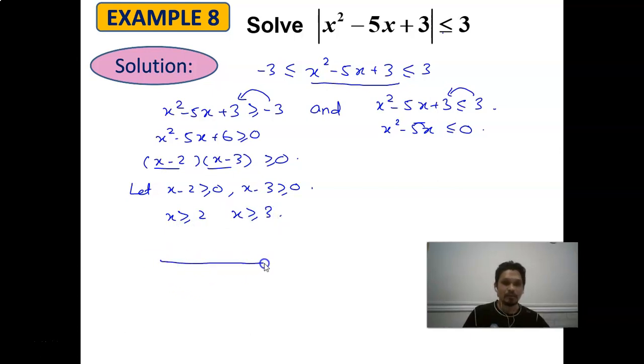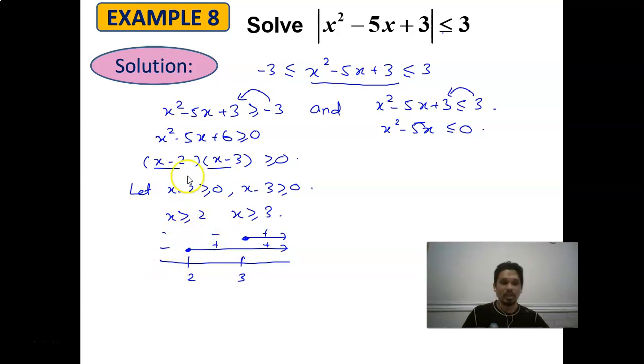From the number line of these two, 2 and 3, both are greater than. There is no term of "and" or "or" here. So we are playing with the signs of positive and negative: positive, positive; negative, positive; and negative, negative.